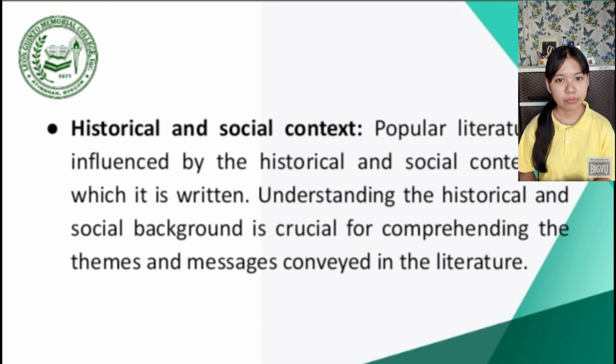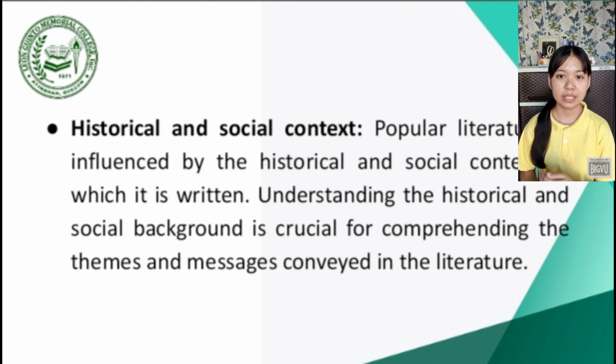Understanding the historical and social background is, of course, important for us to fully understand the message, the themes, and motivations of the characters. So, without this understanding, readers may miss important parts and references that contribute to the overall meaning of the literature.